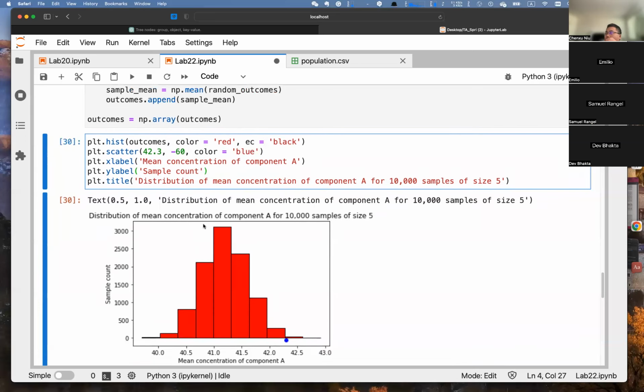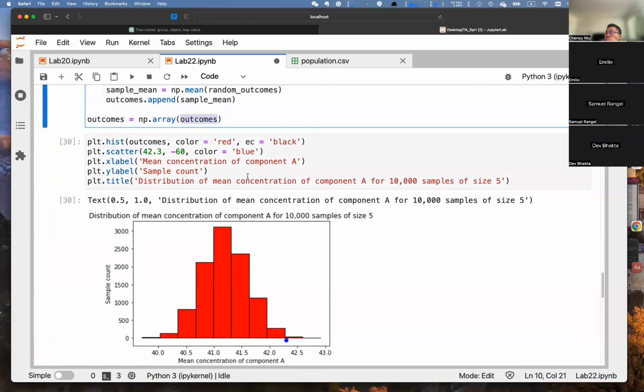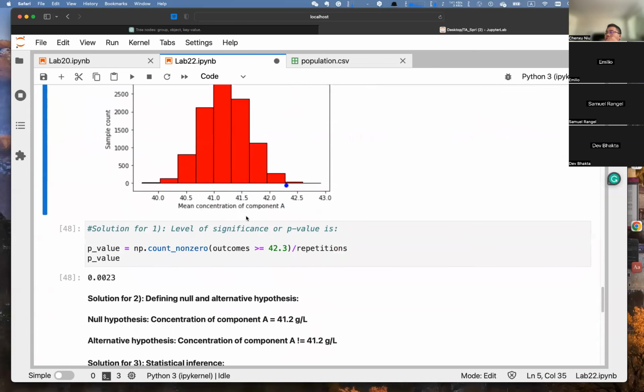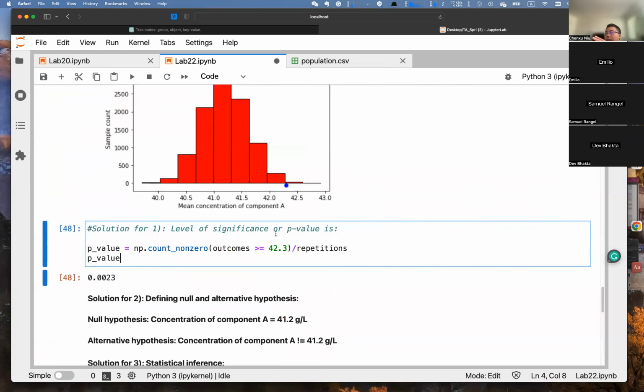42.3, right? Now you have outcomes, and then you can do the hypothesis testing. For the p-value, you need to count the non-zero outcomes greater than 42.3, and then divide by repetitions, right?